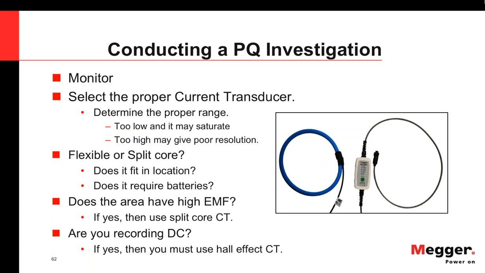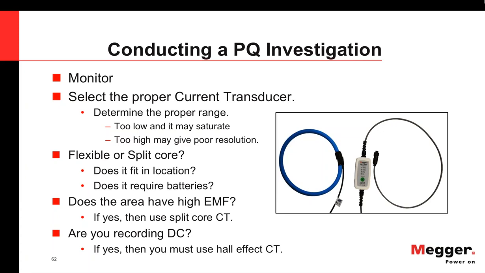If I am going to use a flexible CT, they have some benefits too, in that they can get around larger bus and are easier to get into tight locations. But they're also air core Rogowski coils, which means they have low permeability, so they're really not recommended where you're measuring low current values.